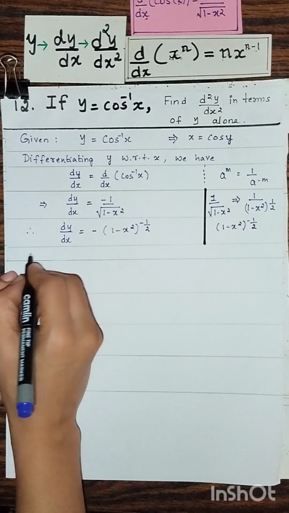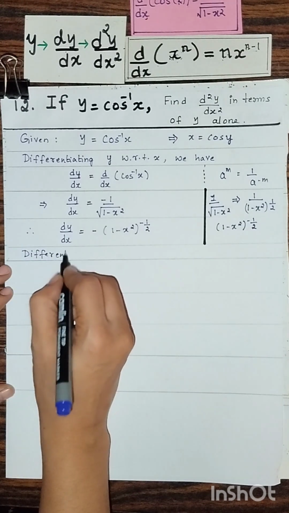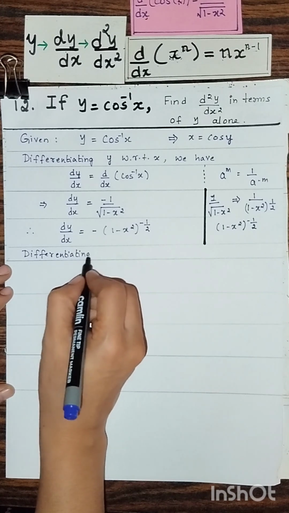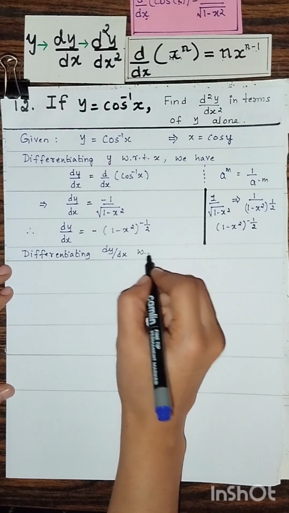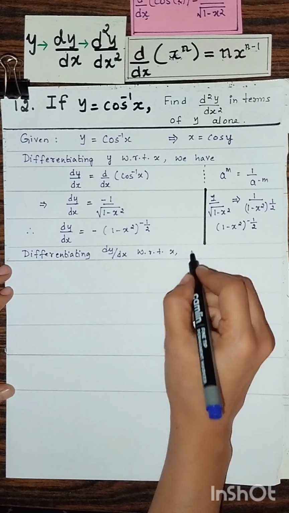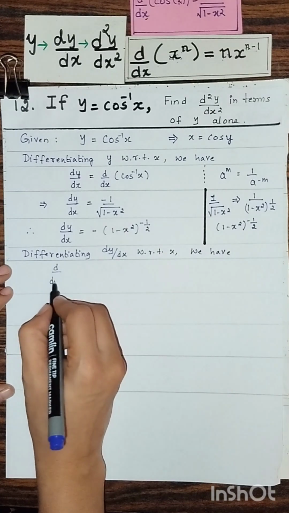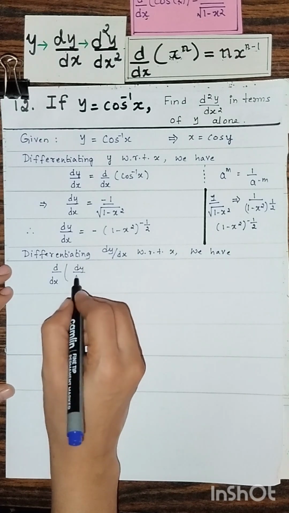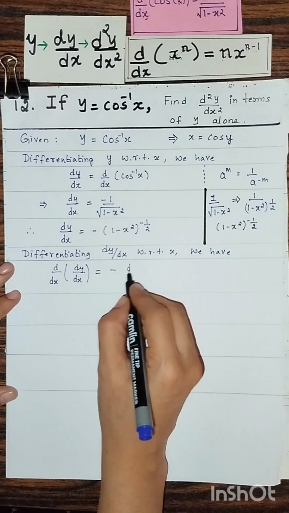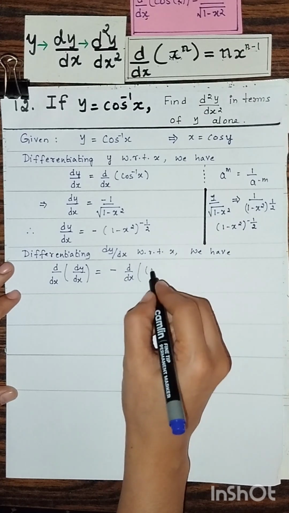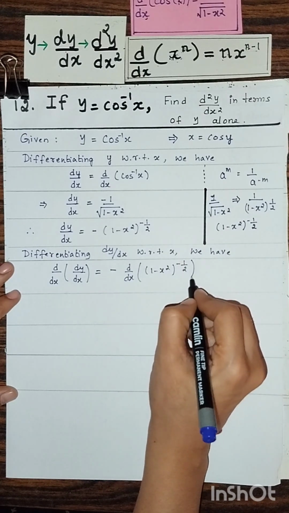Now we want d square y by dx square, so we will differentiate. Differentiating dy by dx with respect to x, we have d by dx of dy by dx is equal to minus d by dx of 1 minus x square to the power minus 1 by 2.